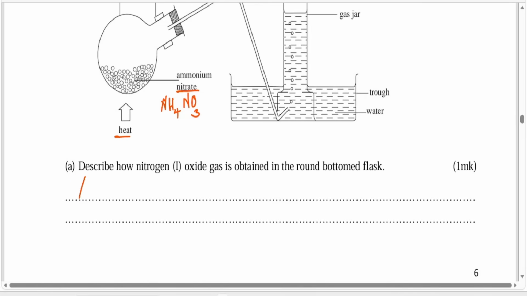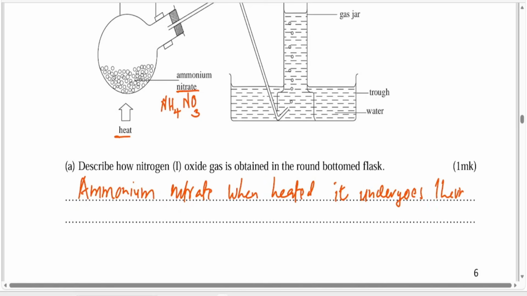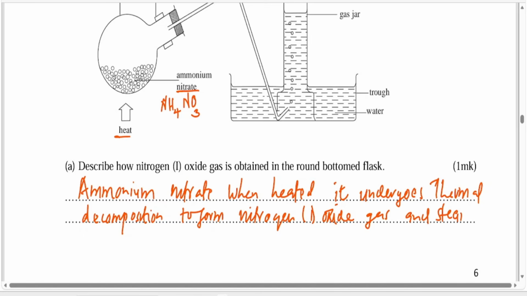So ammonium nitrate, when heated, it undergoes thermal decomposition to form nitrogen 1 oxide gas and steam. So that is how the gas is formed. Explaining this gives you 1 mark.